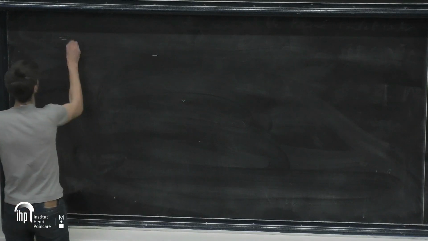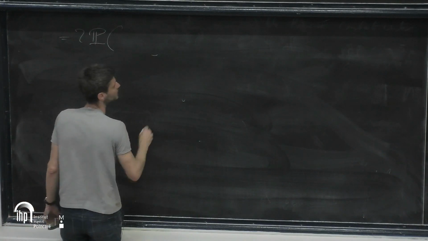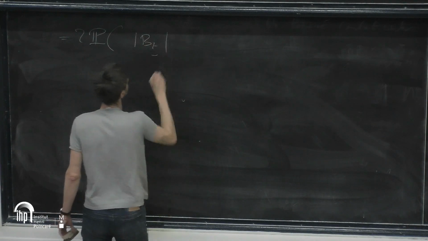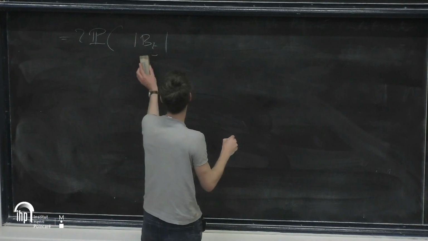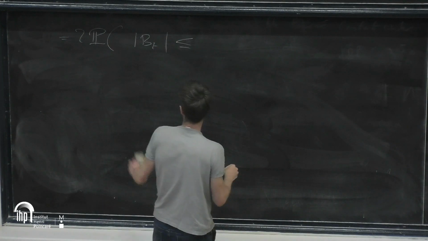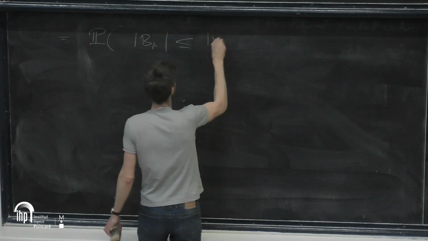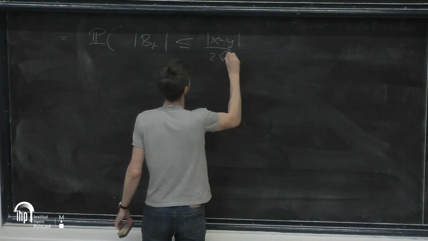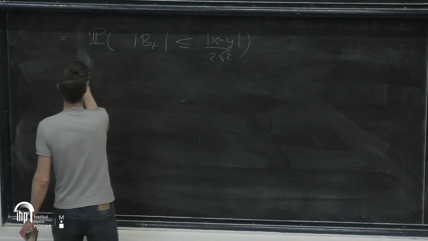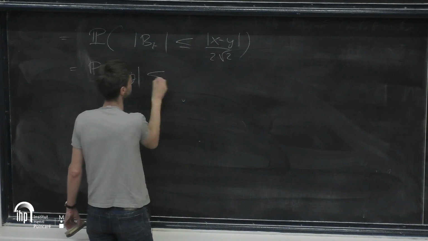So it's twice the probability that B_t is smaller than, no, there is no 2 here, B_t is smaller than (x minus y) over 2 square root 2. So it's the probability that some standard Gaussian is small.